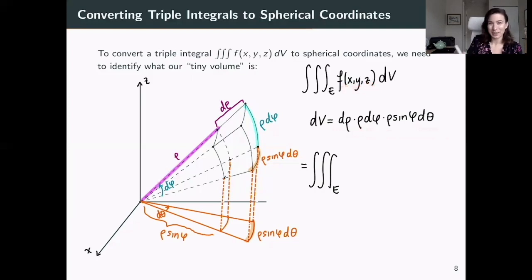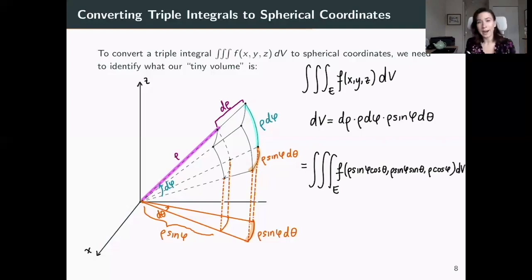So we're going to get f of, where x is rho sine of phi cos of theta, y is rho sine of phi sine of theta, and z is rho cos of phi, dV, where our dV is equal to this expression here.